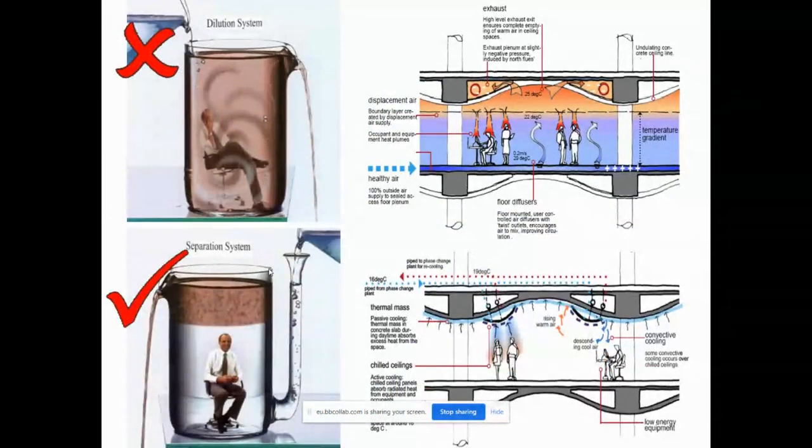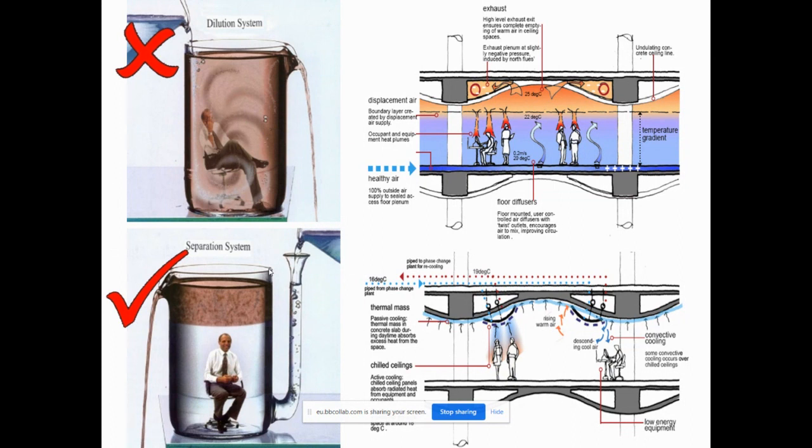Now, the cooling system we used was what's called displacement ventilation, which is like the guy sitting at the bottom left. He's very happy because the air is fed in around about his feet, but it's fed in with swirl diffusers, which don't make his feet cold, and he can adjust them.